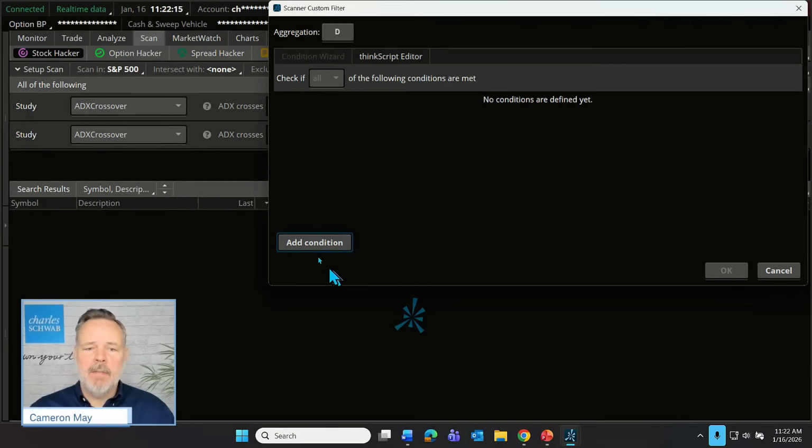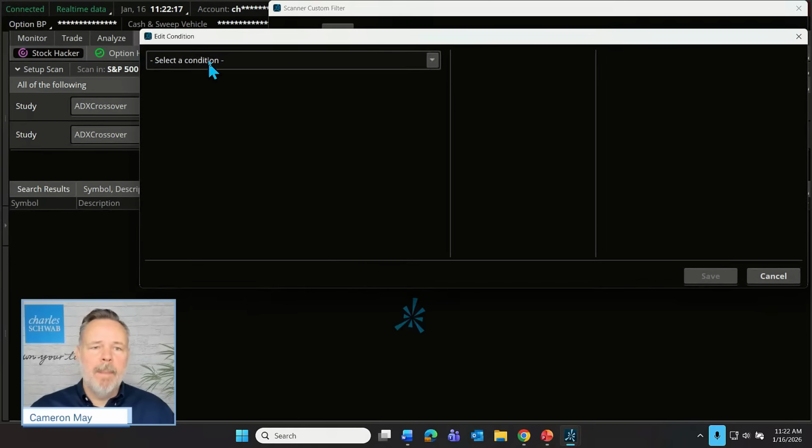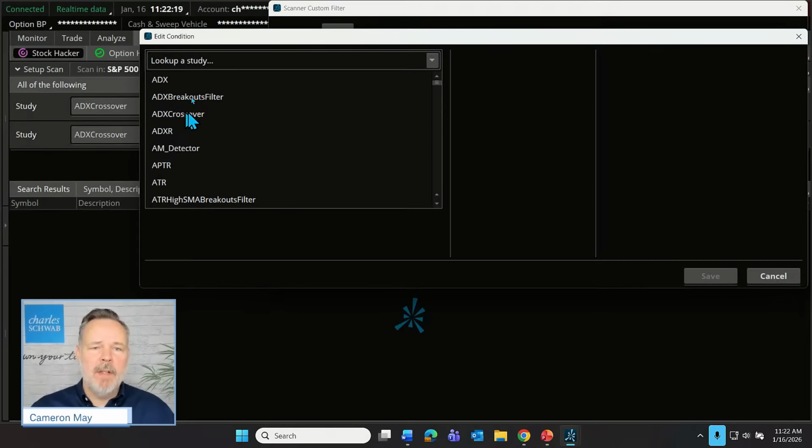Let's delete this. Let's add a new condition, and this is going to be a study filter using simple moving averages. The first one is going to be a 50, and we want that to be greater than a second simple moving average, the 100.